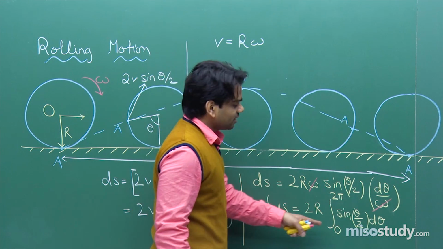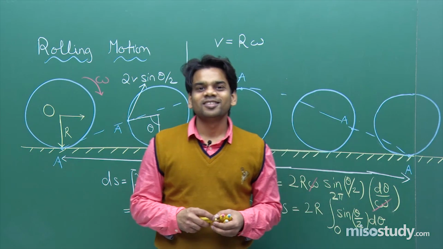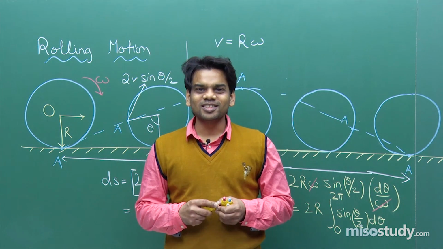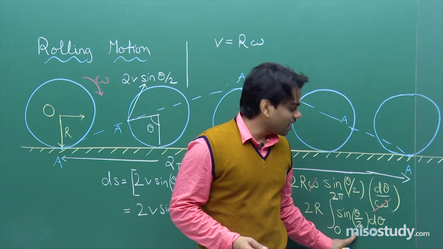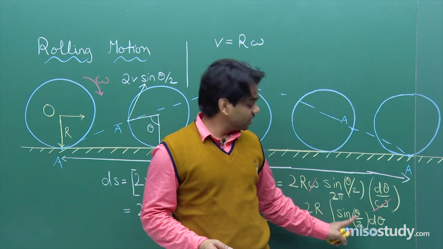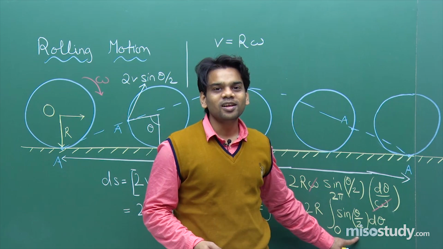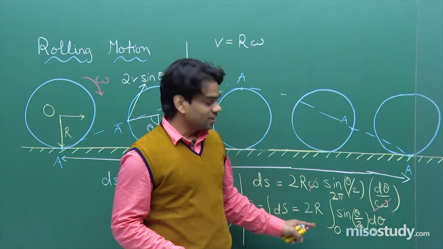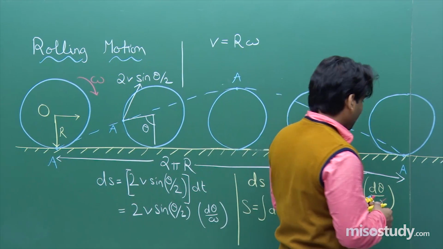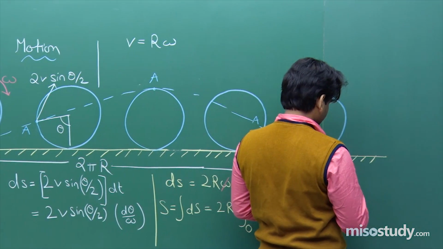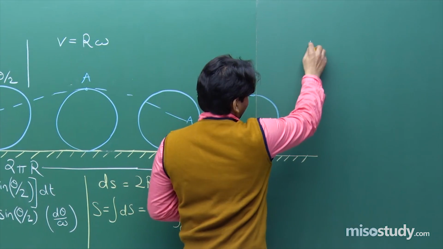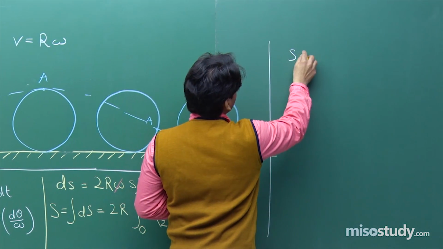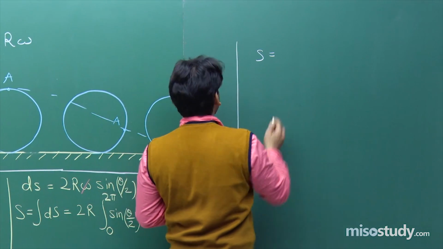Now let's go ahead. Integration of sin(theta/2). We know that the integration of sin theta is minus cos theta, and whenever a constant is multiplied with the variable inside, we have to take it outside and put it in the denominator. So let's see how we are going to make it. Finally, the integration part will come out to be: S is equal to the integration of 2r.